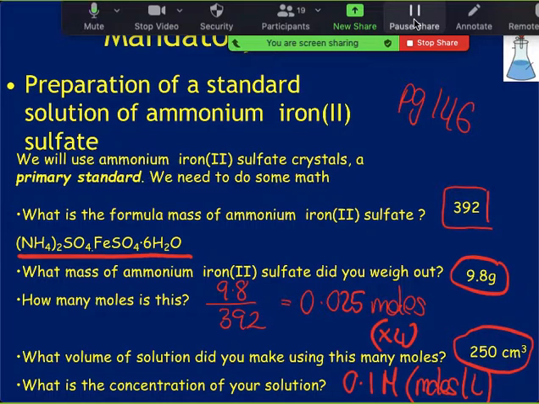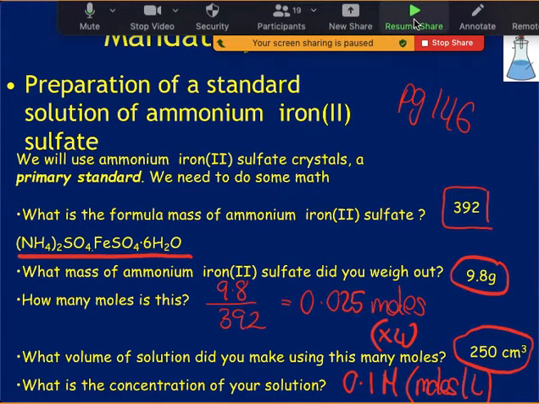There are questions on page 125, and there are questions in the middle of page 126. I want you to read down through them now for me and ask if there's any issue with any of them. So page 125 we're talking about the ammonium iron sulfate, and on page 126 we are talking about the KMnO4.